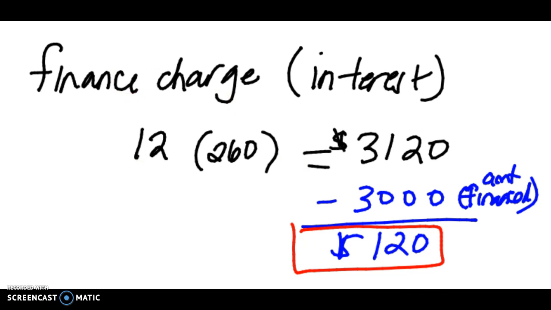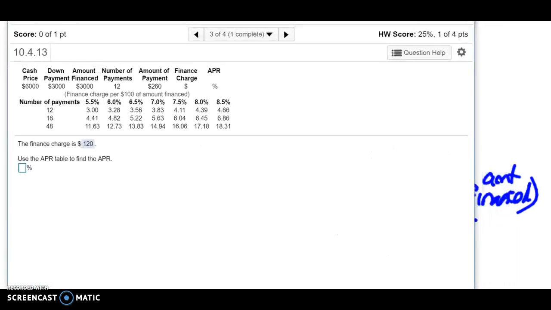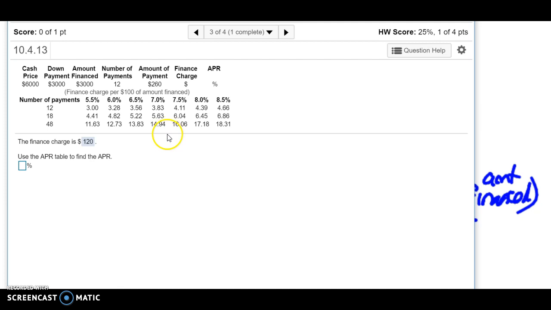Okay, and then the next part of this question asks us to find the APR using the APR table. Now I'm going to bring this back on the screen so we can see it. This table that they have included in this question is the same table that's on page 293 of your textbook.